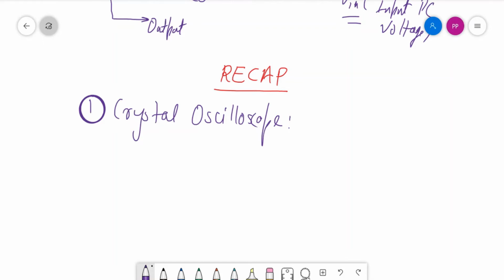So for digital systems, we prefer to use piezoelectric crystals, where crystal clocks of frequency 1 MHz or higher are used with different frequency division schemes.